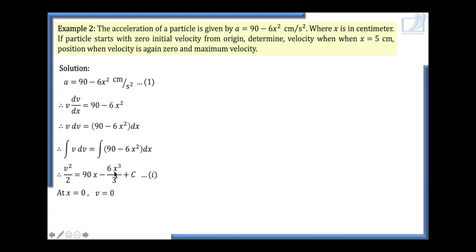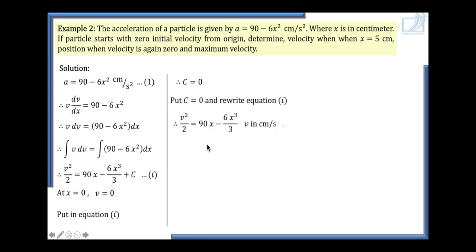So put in this equation 1, and what you will get is c is equal to 0. So put that value of c in equation 1, so that v squared by 2 equal to 90x minus 6x cube by 3. The relation between velocity and position is ready. This is second equation of motion.